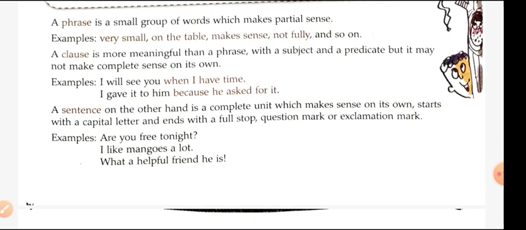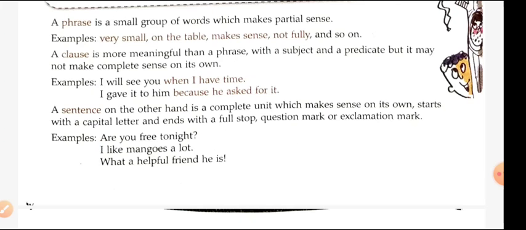Example: I will see you when I have time. When I have time is the clause here in the sentence. I gave it to him because he asked for it. Because he asked for it is another clause in the sentence.